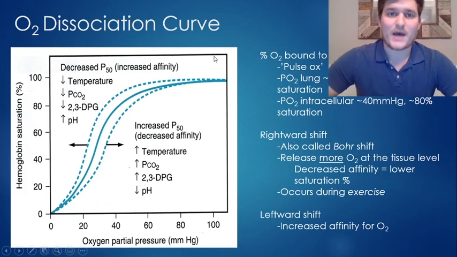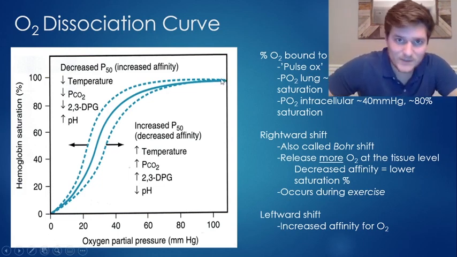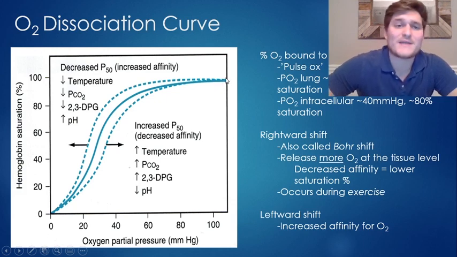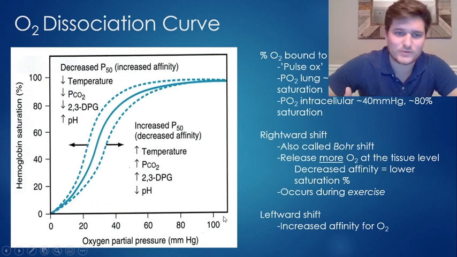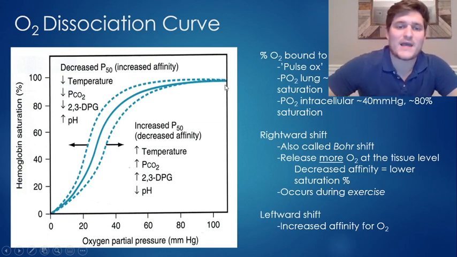And so in the blood vessels of the pulmonary circulation, we are going to have a high amount of oxygen that's bound to hemoglobin due to the high partial pressure of oxygen within those lungs. And so that's why the arterial blood is going to have a partial pressure of oxygen of around 100 mmHg.